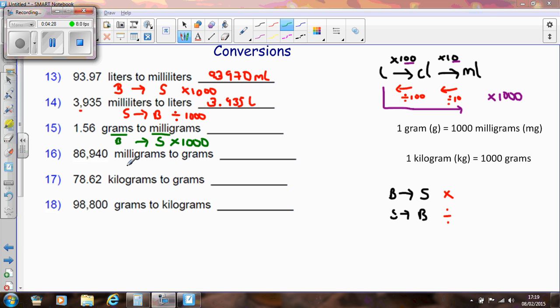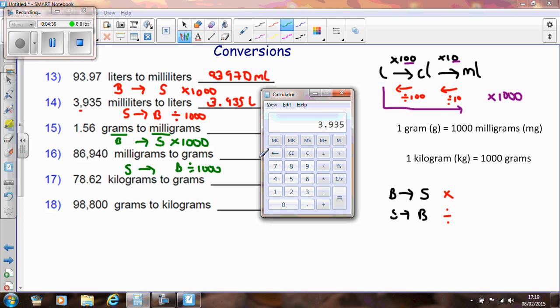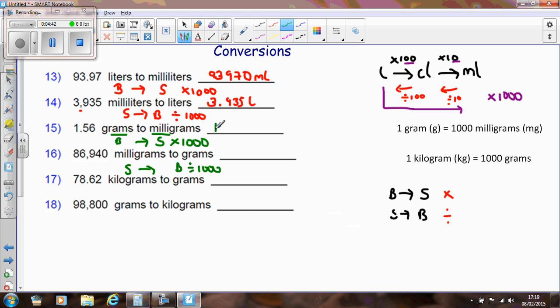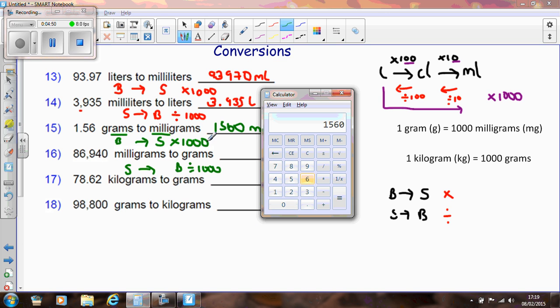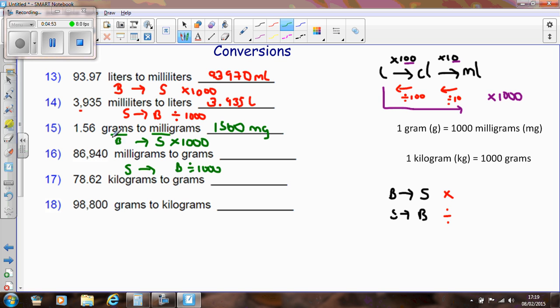And if we're going from milligrams, which is smaller, to grams, which is bigger, that one's going to be divided by 1,000. So let's put those into the calculator. So we've got 1.56 times by 1,000, which is 1,560, and we're in milligrams. Let's check that. What you can do, if you notice it here, is because there's 1,000, the decimal point is actually moving 3 decimal places, so it's like going 1, 2, 3, so putting a 0 at the end of it.